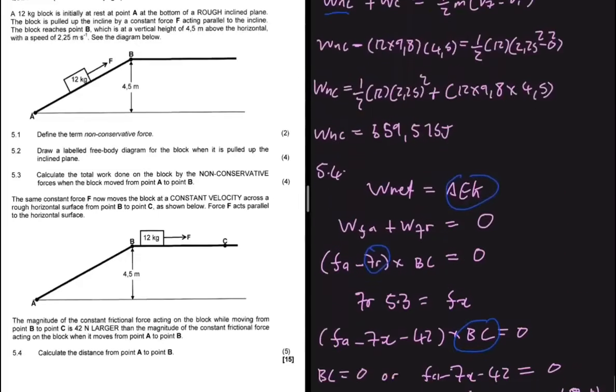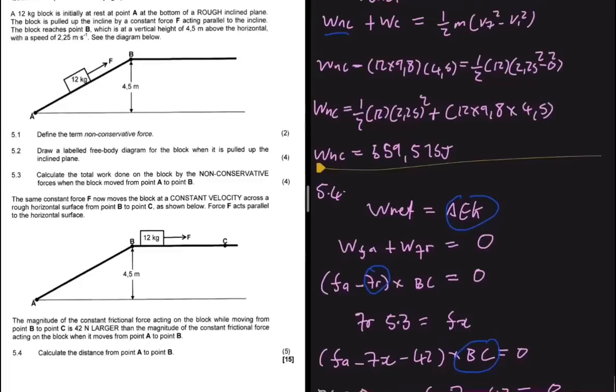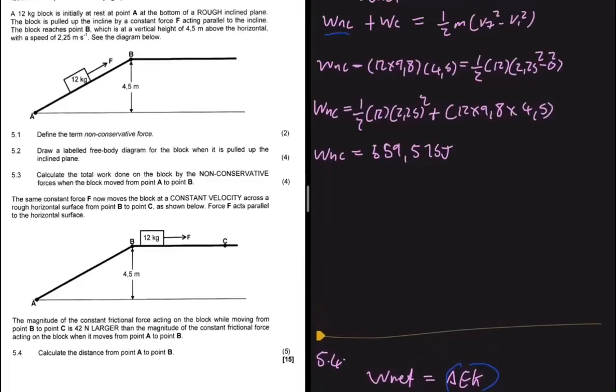Let's go back to 5.3 so that I can show you something. Here in 5.3, we ended up saying that the work done by non-conservative forces is equal to 559.575 joules. Which forces are we talking about when we say non-conservative forces? We're talking about the frictional force, which is Fx, and the applied force, which is Fa.